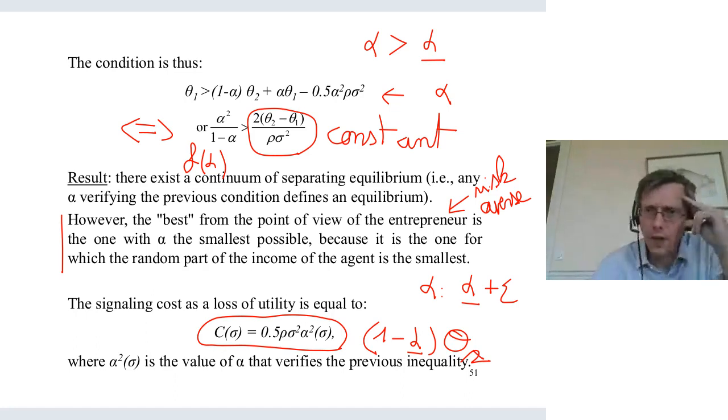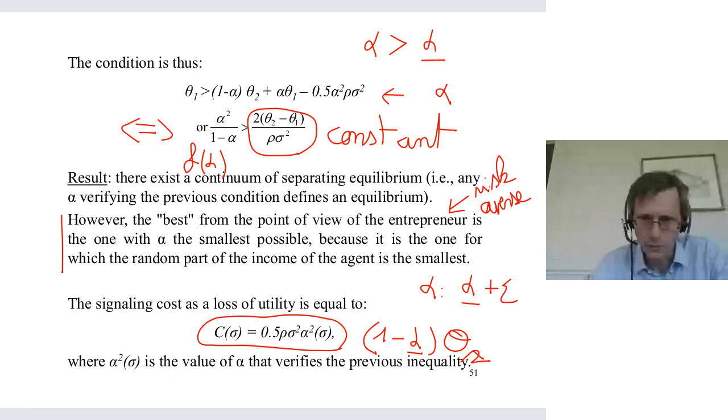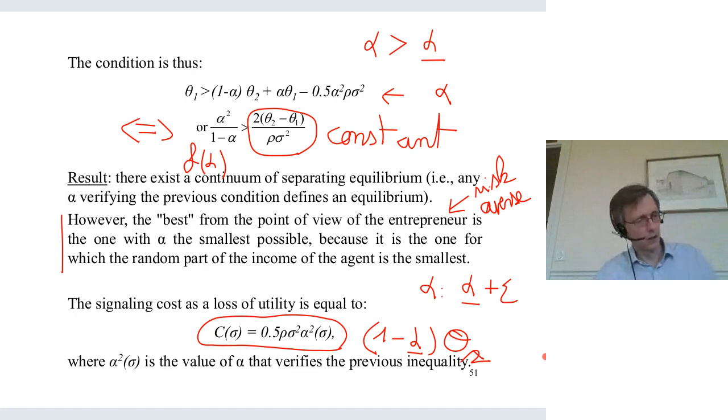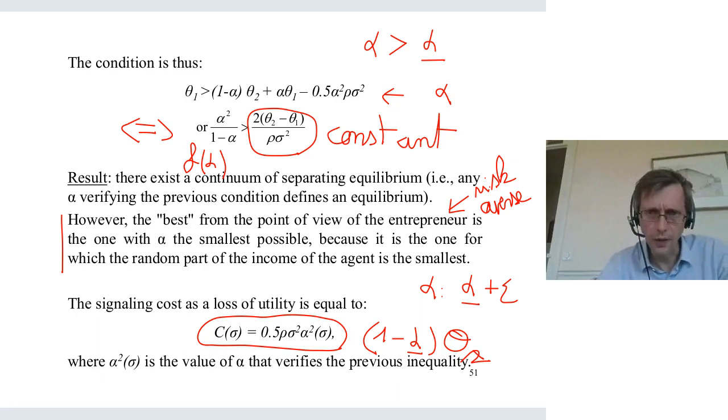So let's say about this question of signaling, we actually did the complicated part of this theory. So now we're going to see the effect of a financial intermediary. So far, we did not talk about the effect of a financial intermediary, and this is what we are going to consider now.